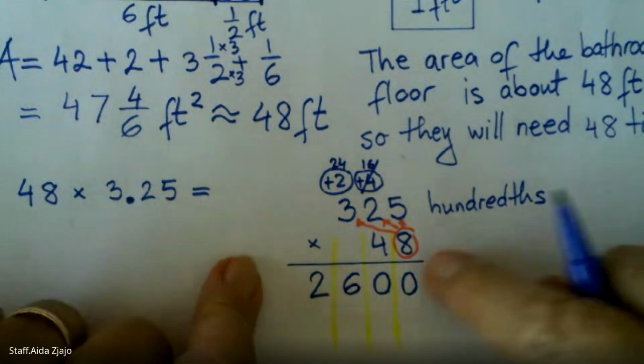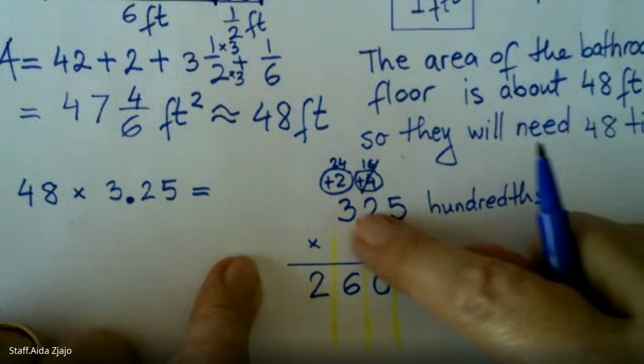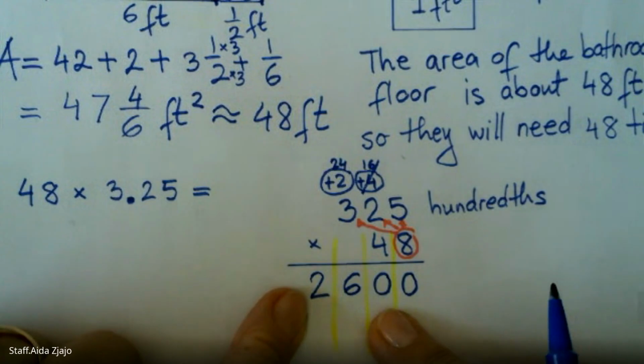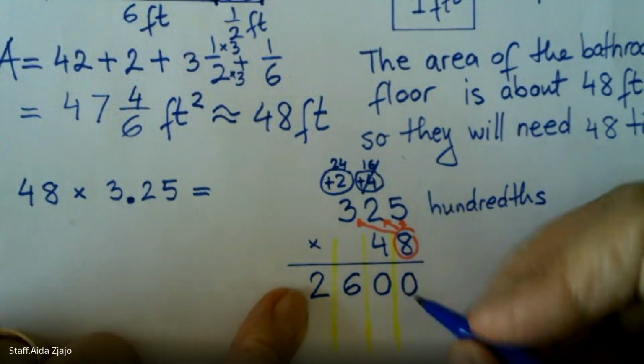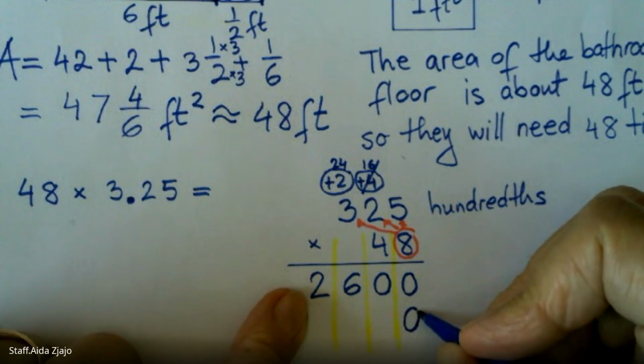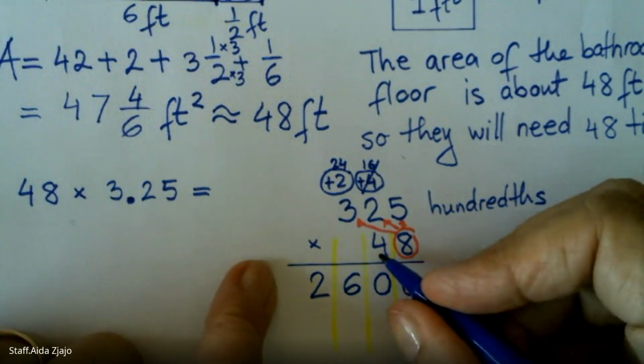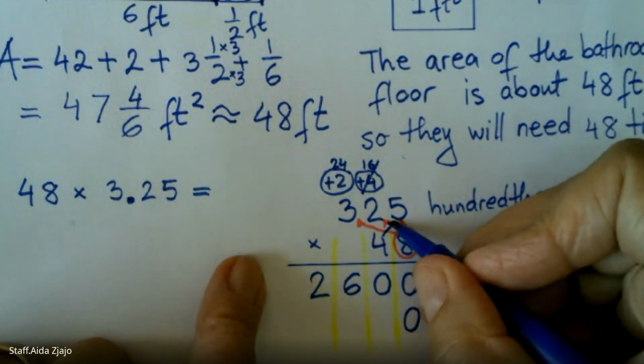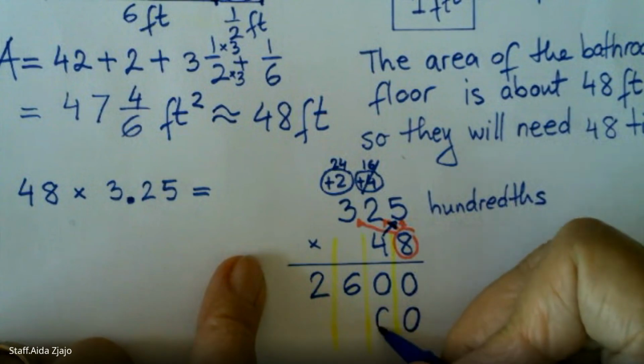So what I really did is 8 times 325, and it becomes 2,600. I'm done with ones. I'm putting 0 to hold the place. I'm moving to tens. 4 times 5 is 20.